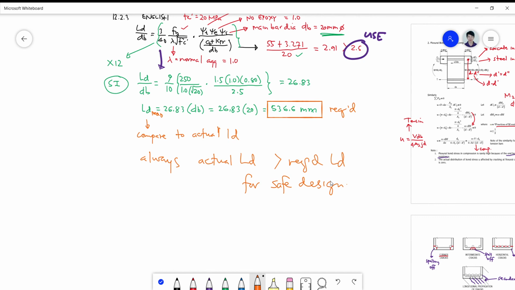So instead of checking bond stress, which is very difficult to understand in terms of values, we are comparing it in terms of length. And that is easier to see. Even the ordinary workers can see the requirement in terms of length rather than bond stress. If you tell your foreman that the bond stress required is 100 psi, he will just look at you.